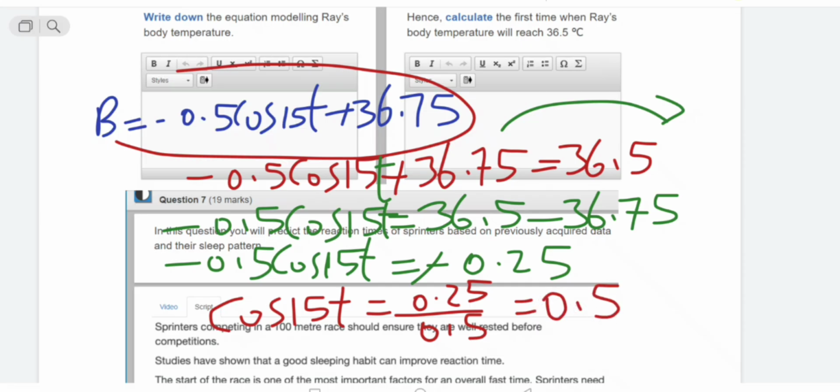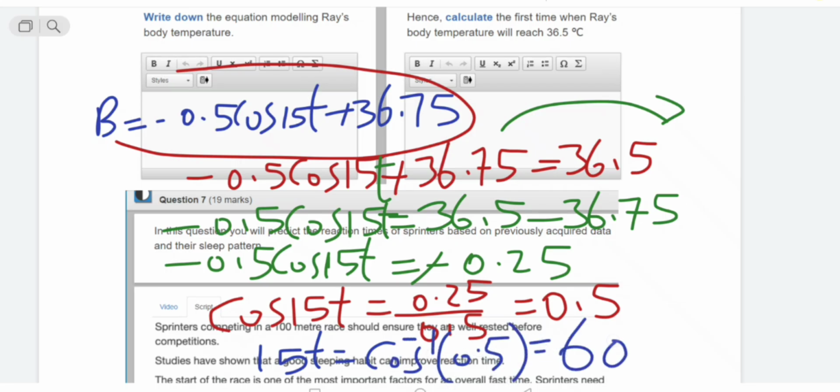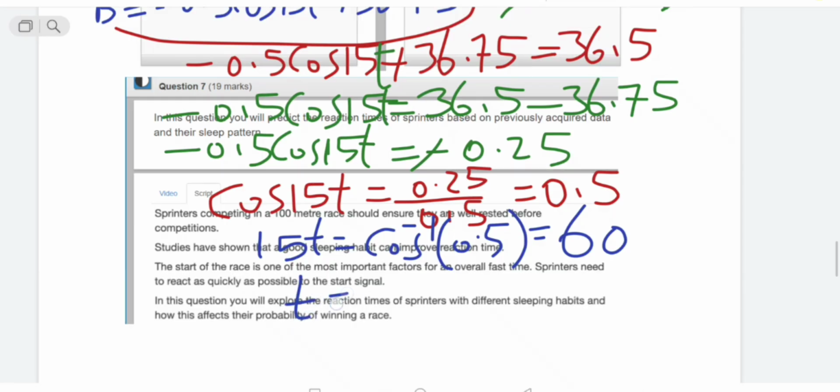Then cos goes there as cos inverse, so 15t equals cos inverse 0.5, which is 60. So t equals 60 divided by 15, which is 4. The time will be 4 a.m. I hope it is clear.